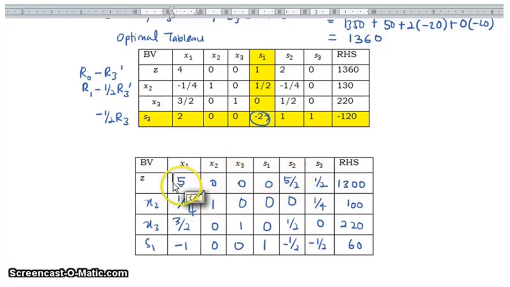Since there is no negative coefficient in row 0, one of the optimality conditions has been satisfied. Now, check the value of every basic variable. Okay, we have no negative right-hand side. Therefore, we can declare this tableau as the new optimal tableau.